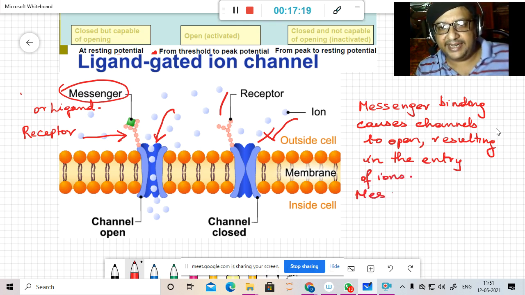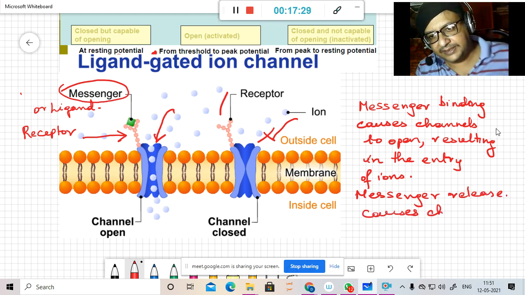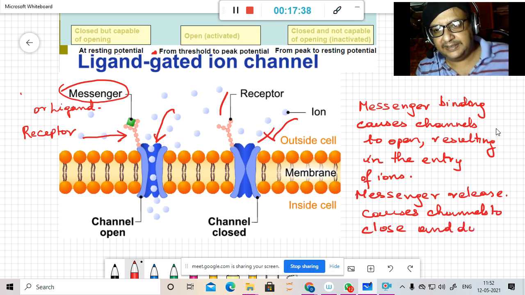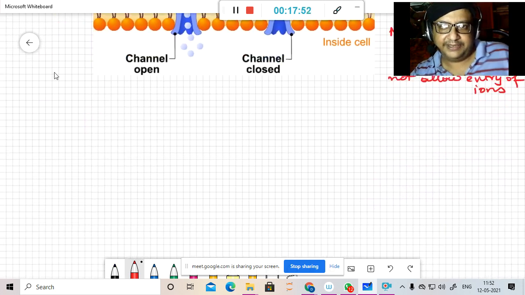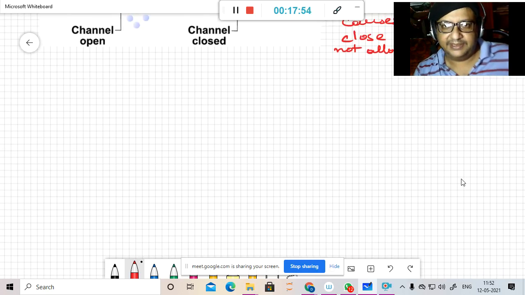When the messenger or ligand leaves, messenger release causes channels to close and not allow entry of ions. This happens in the chemical synapse. During chemical synapse, such a thing can be seen.